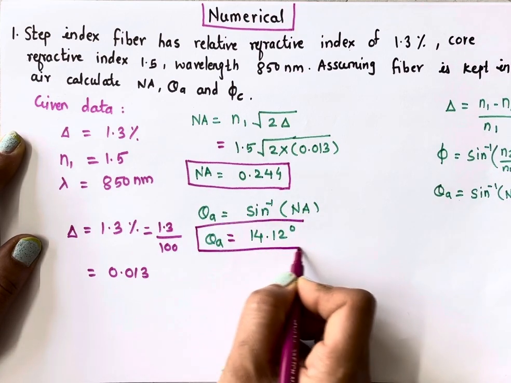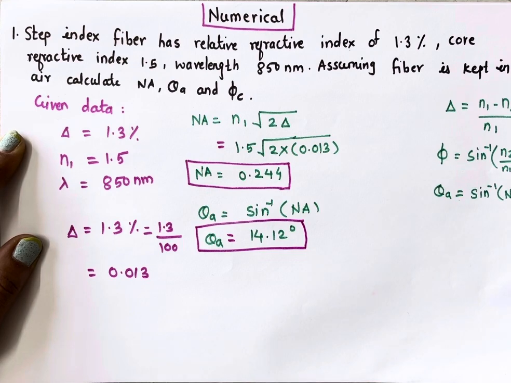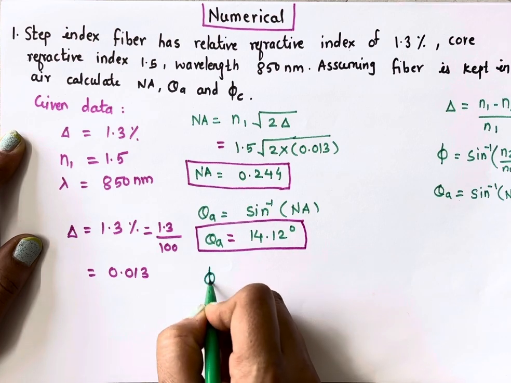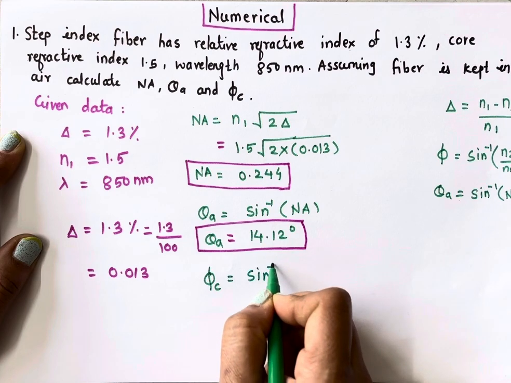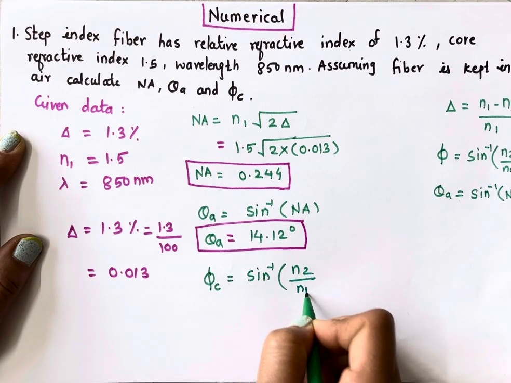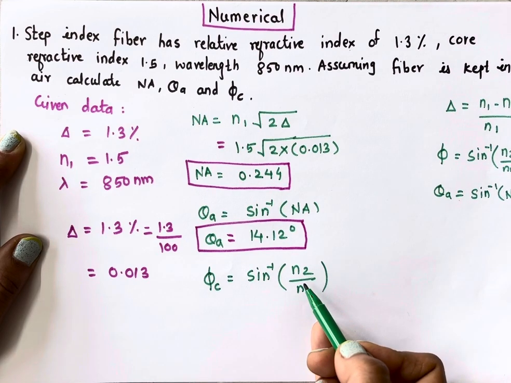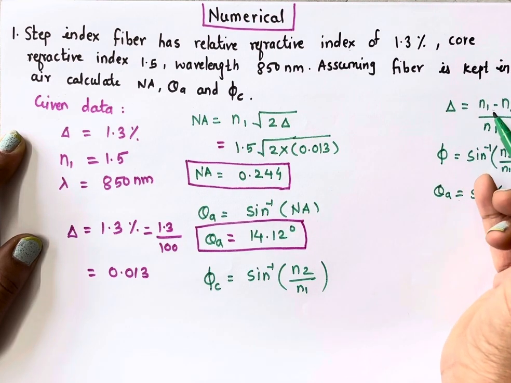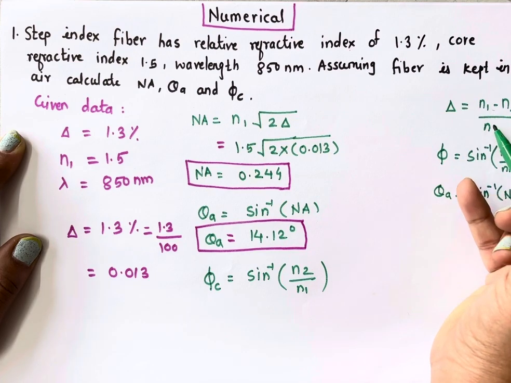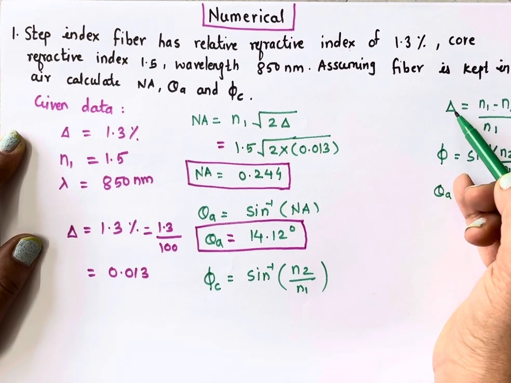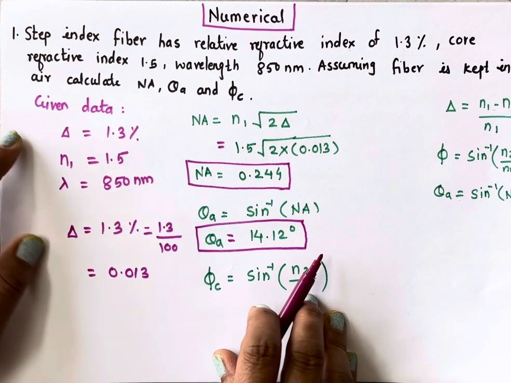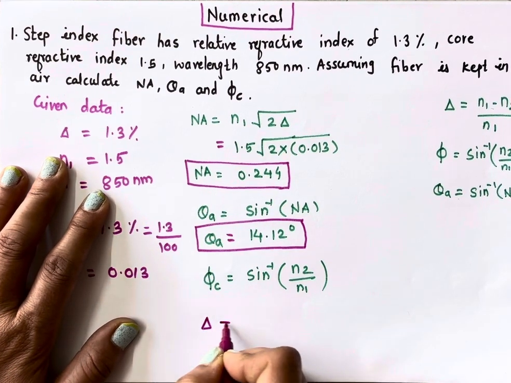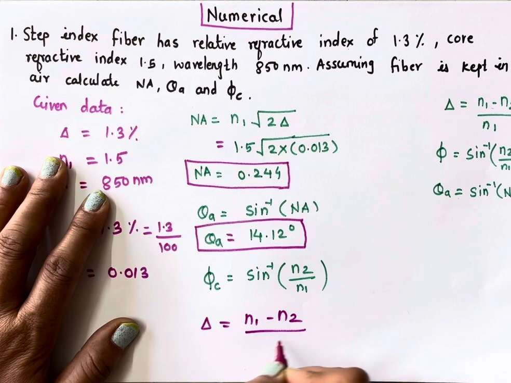Next is the calculation of the critical angle, so that we can keep our incidence angle more than the critical angle. The critical angle phi c is sine inverse of n2 divided by n1, but the value of n2 is not given. Delta and n1 are given, so by substituting them we can calculate n2. Delta is equal to n1 minus n2 divided by n1.